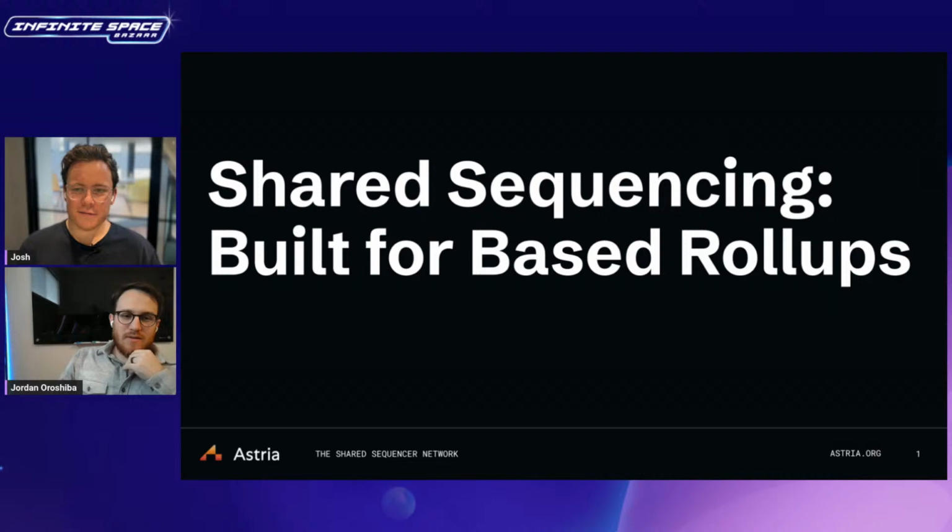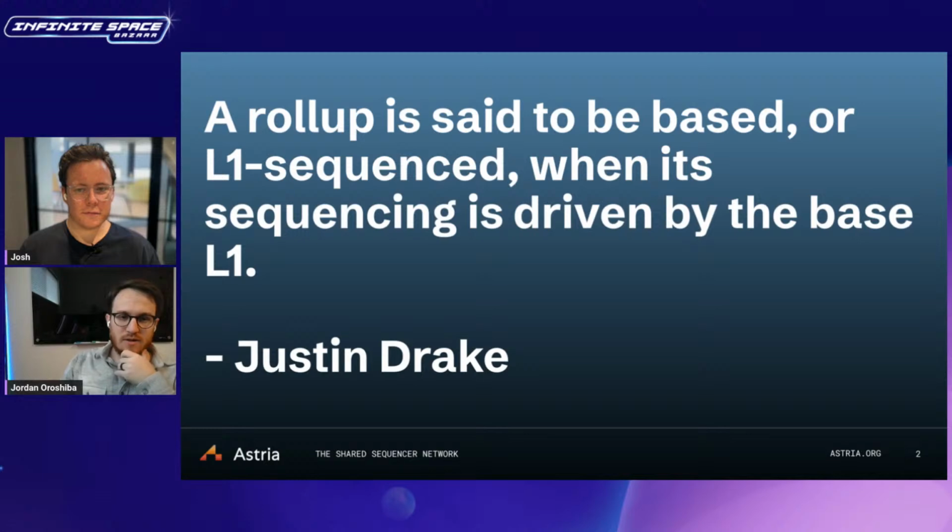So the idea here, shared sequencing, I say that it's a sequencing layer. I like to say that shared sequencing is a blockchain which is optimized for based rollups, where Justin Drake had this in his initial post about based rollups. A rollup is said to be based, or L1 sequenced, when its sequencing is driven by the base L1.